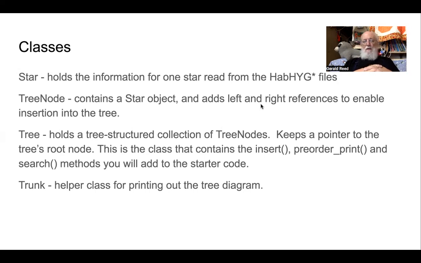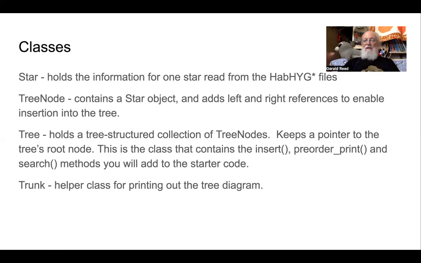A tree node is basically one of those gray boxes you saw in the earlier presentation. These are the actual objects that get connected together via the links to form a tree. And so it is based on a star object. It contains a star object to contain all the data that we're loading from the file.